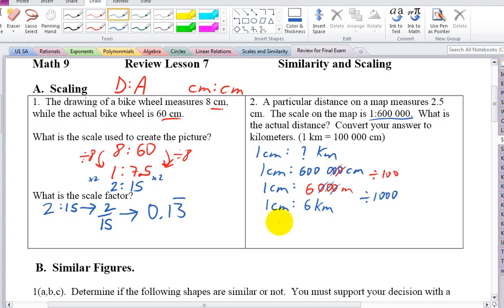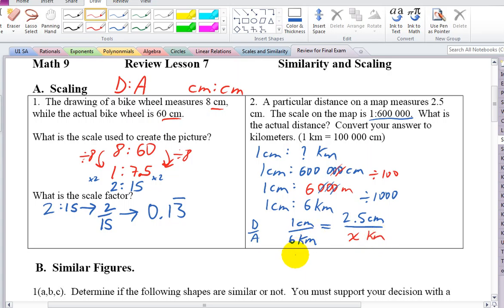So as a fraction, we can go 1 centimeter over 6 kilometers equals, now we measure 2.5 centimeters on the map. Again, it's diagram over actual, so 2.5 must go on the top. And we have to figure out x kilometers.